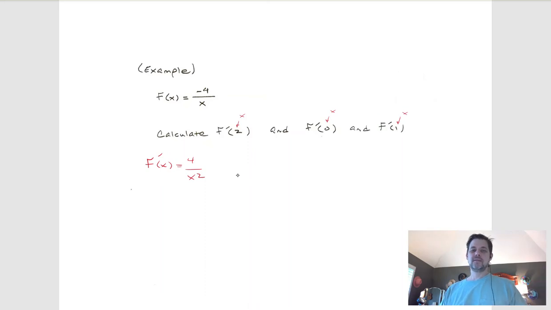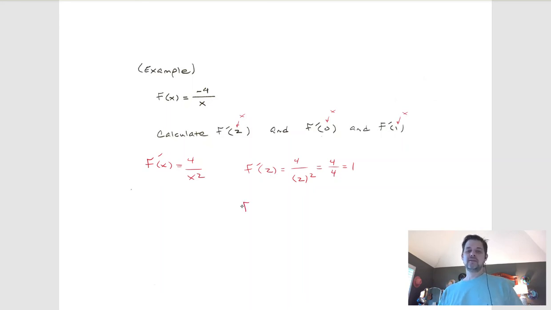Okay, so f prime of 2, well, if this is my derivative, it's going to be 4 over 2 squared, which is 4 over 4, which is 1. So f prime of 2 is 1, or the derivative is 1 if x is 2.